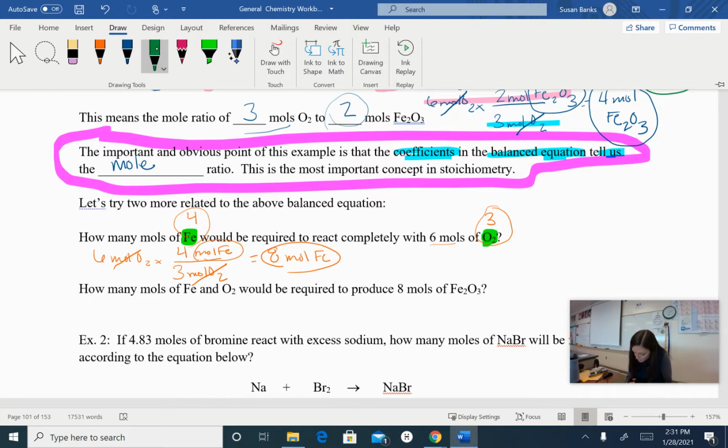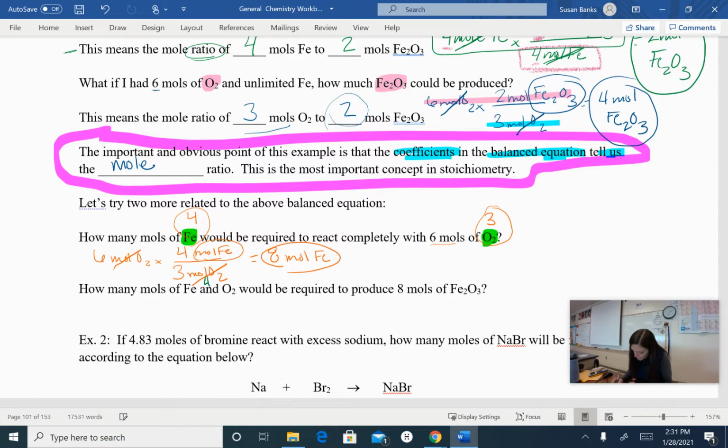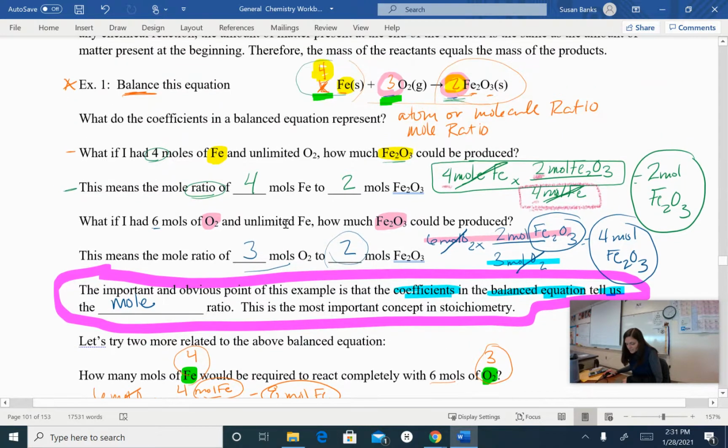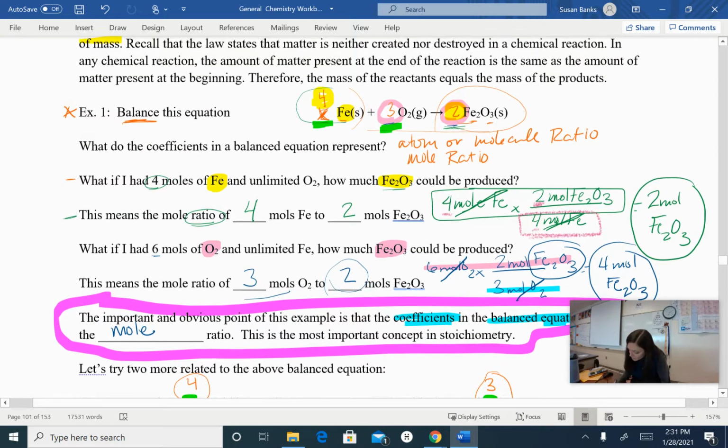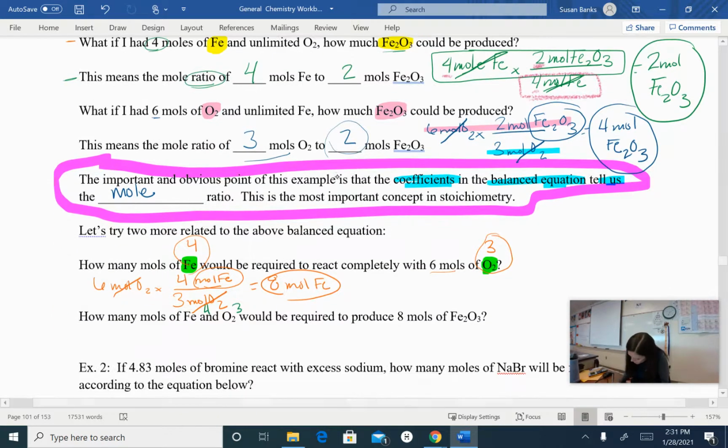So our coefficient for iron is 4, and our coefficient for oxygen is 3. Let's go back up to our equation and look at our coefficient for the iron 3 oxide again. So if we look at our coefficient for the iron 3 oxide, we have a 2. So we're going to put a 2 here to remind us of that coefficient.